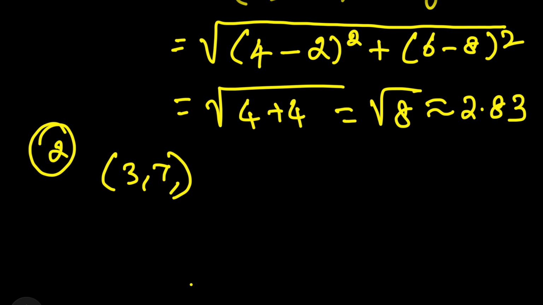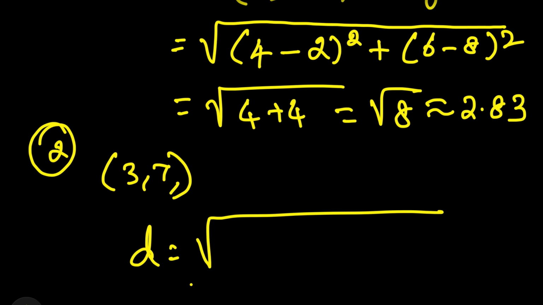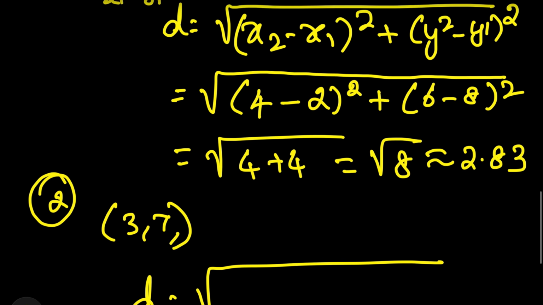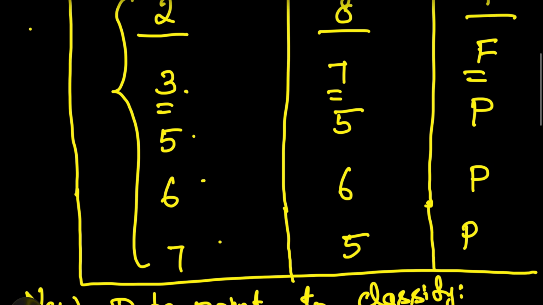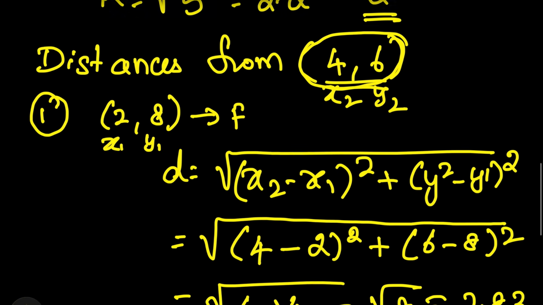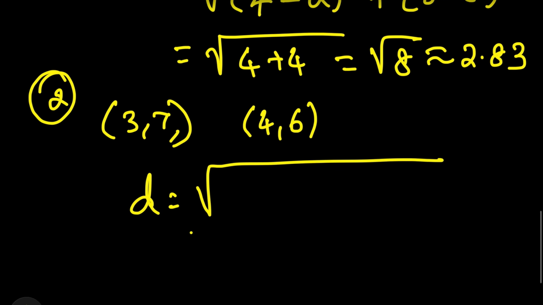For the given sample 4, 6, you have to find the distance between this 4, 6 and all these 5 samples, right? For sample 1, 4, 6 and the first sample, 4, 6 and the second sample, 4, 6 and the third sample, 4, 6 and the fourth sample, 4, 6 and the fifth sample. Then only we can be able to identify the least distance.